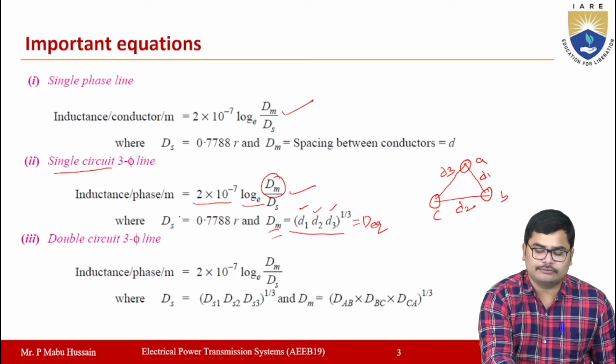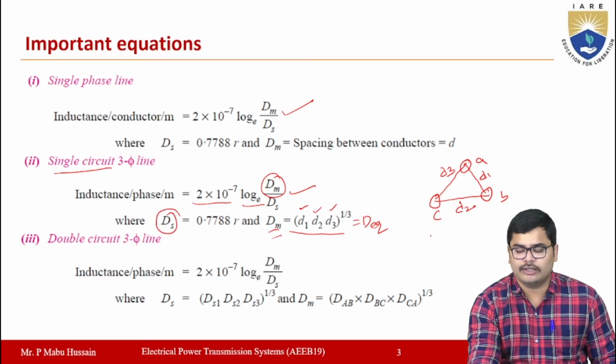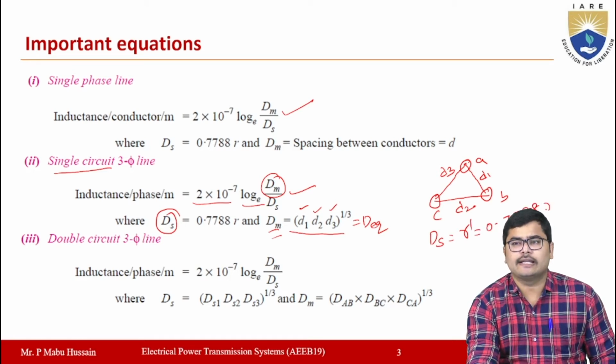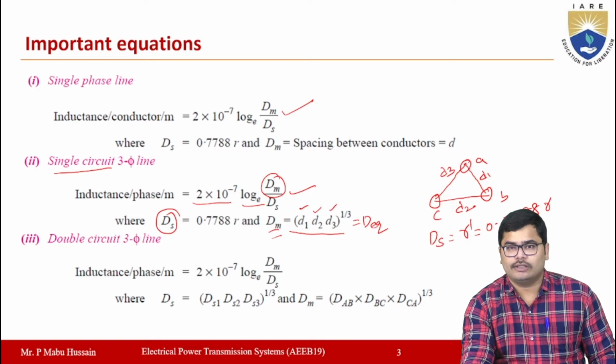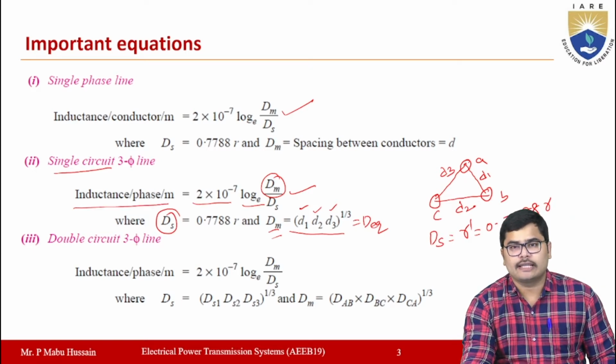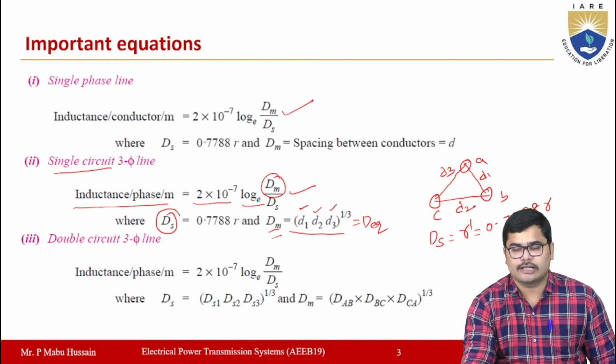The self GMD here is the same as r', which is 0.7788 times the radius of the conductor. So this is the equation for calculating the inductance of each phase per meter length in a single circuit three-phase transmission line system.